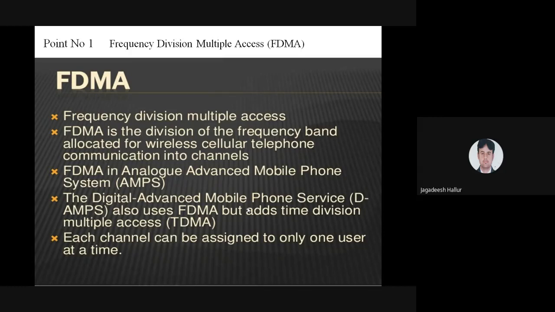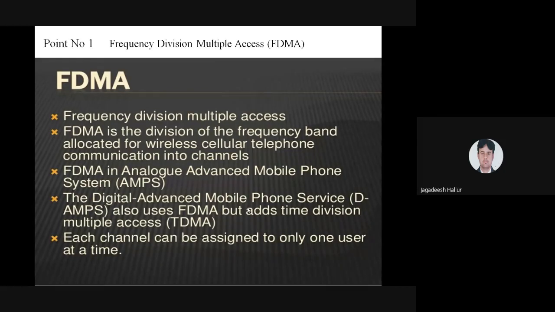One more service is going to be given, that is the digital advanced mobile phone service using FDMA. It adds the other technique, that is TDMA. With the addition of both FDMA and TDMA, one more set was launched, a combination of FDMA and TDMA, that is the digital advanced mobile phone service of the second generation.